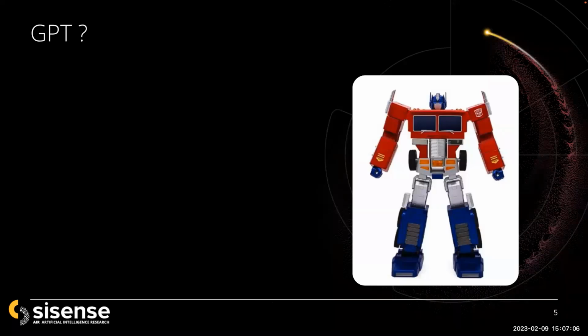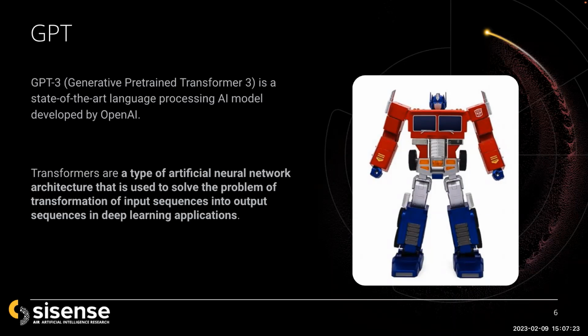So, who knows what GPT is? I have a big hint here. Anyone? Optimus Prime? A bot. A transformer. So GPT stands for Generative Pre-trained Transformers. And what is that? It's a language model.